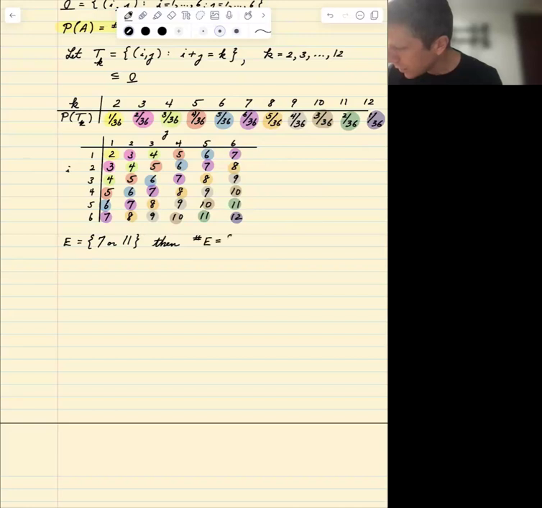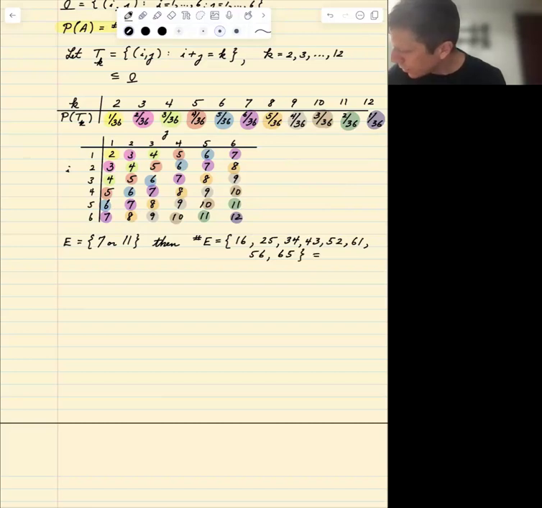If we really want to go explicit, we would say, okay, how many ways are there to make a 7? 1 6, 2 5, 3 4, 4 3, 5 2, 6 1. That's the 7. How about the yo 11? 5 6, 6 5.